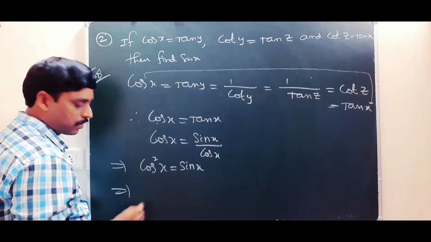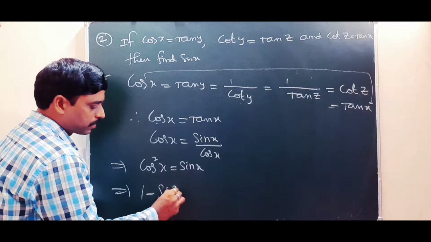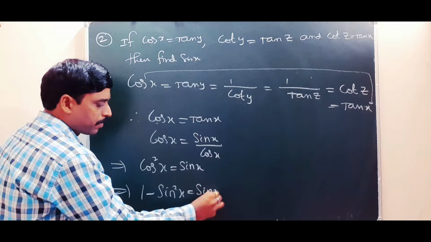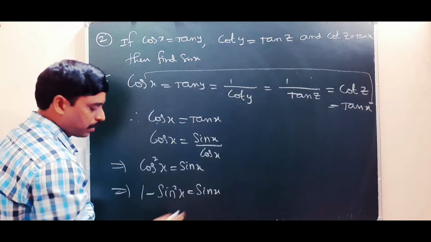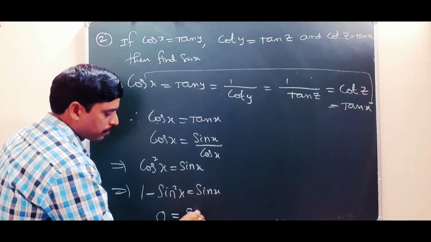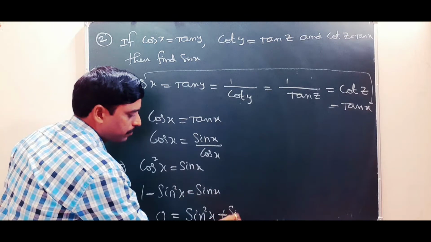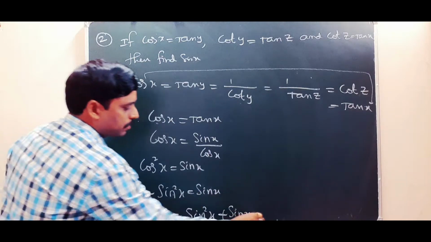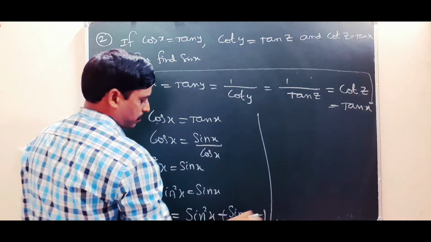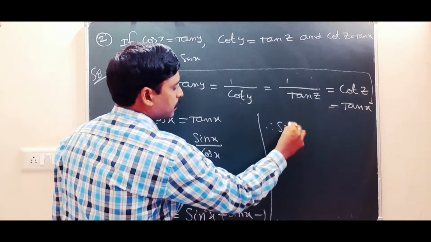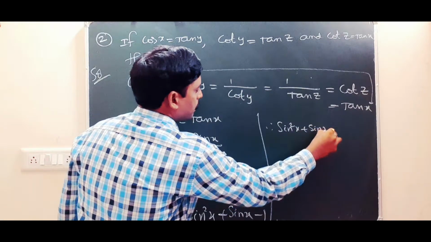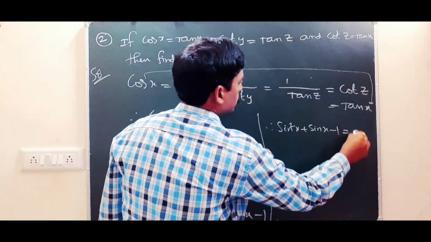For cos square x we have the formula 1 minus sin square x is equal to sin x. So 1 minus sin square x bring to the right side: 0 is equal to sin square x plus sin x, plus 1 bring to the right side, minus 1. So it is going to be sin square x plus sin x minus 1 equal to 0.